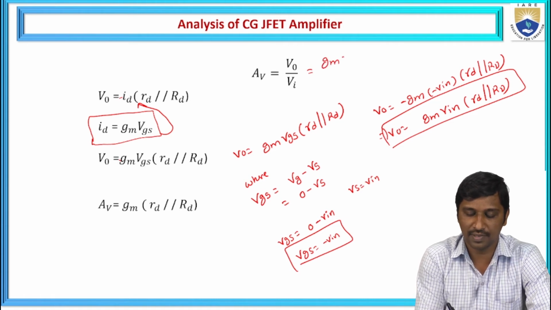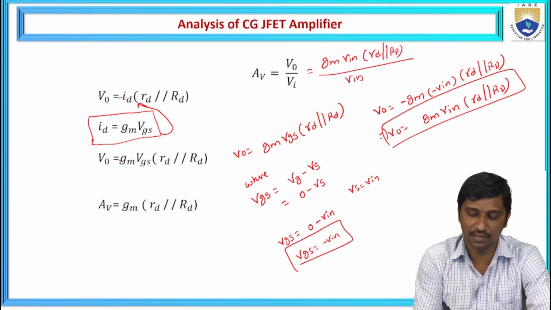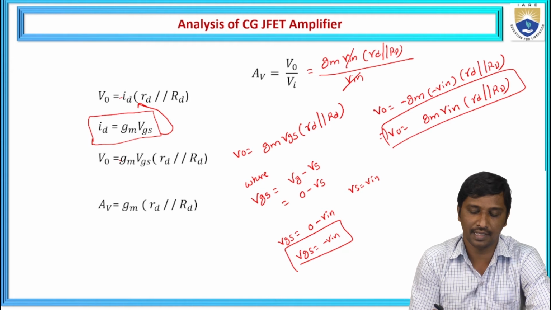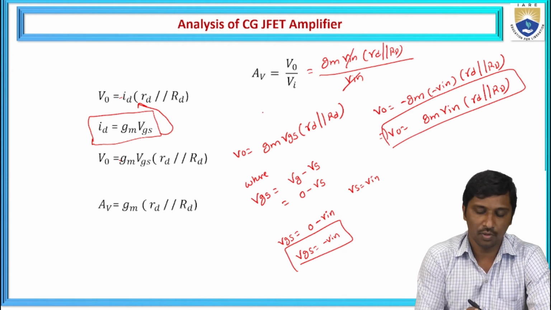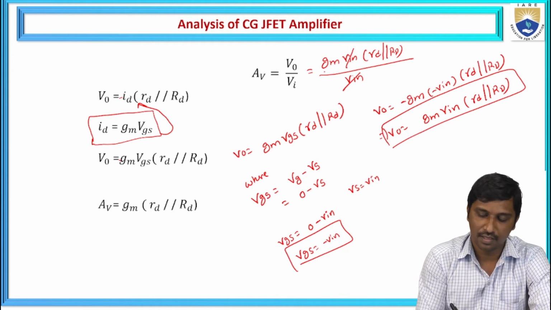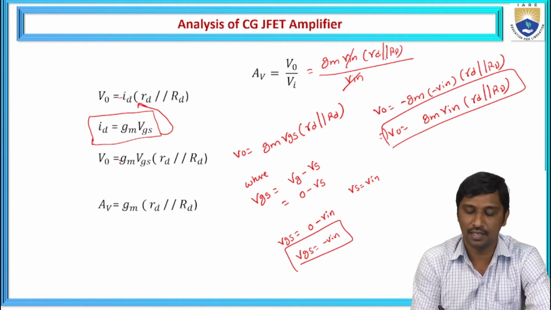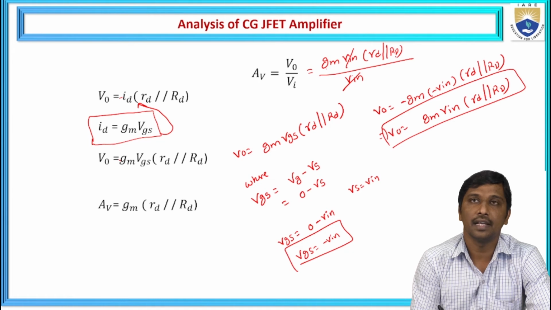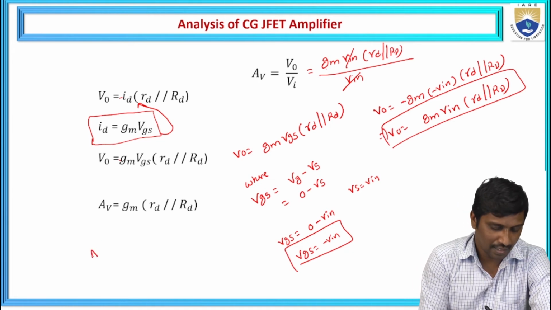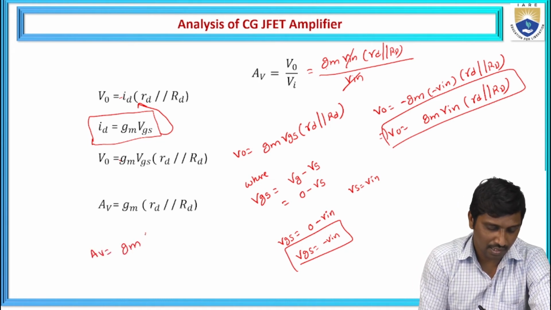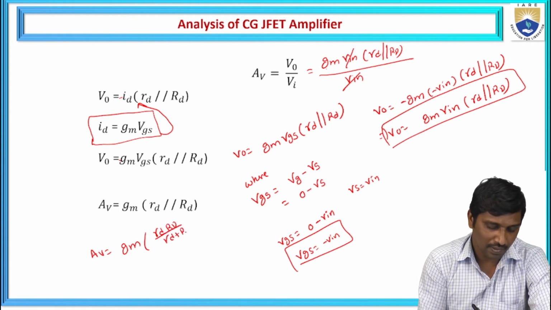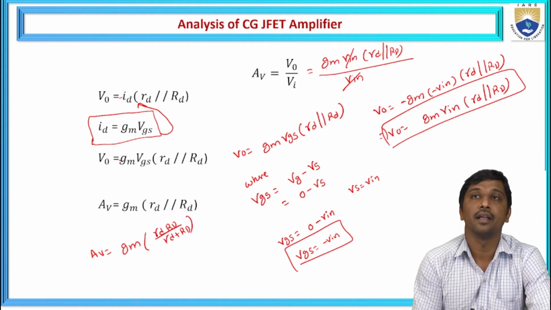V naught is gm times Vin times rd in parallel with capital RD, divided by Vin, so Vin cancels. Then the voltage gain becomes gm times the parallel combination of small rd and capital RD. Hence, we can rewrite this relation: rd parallel RD is equal to small rd into capital RD by small rd plus capital RD.